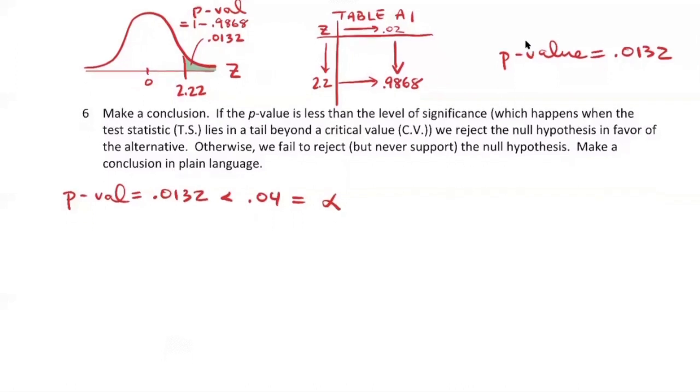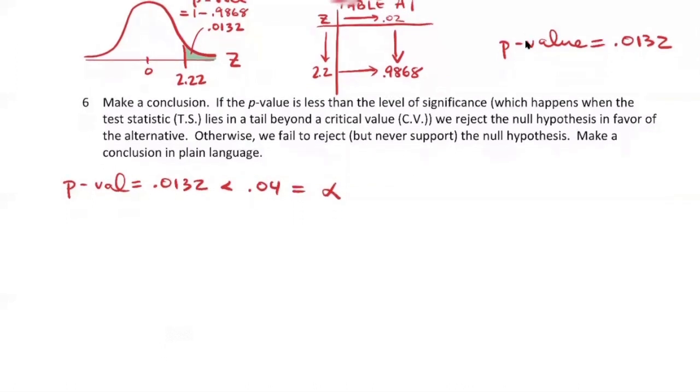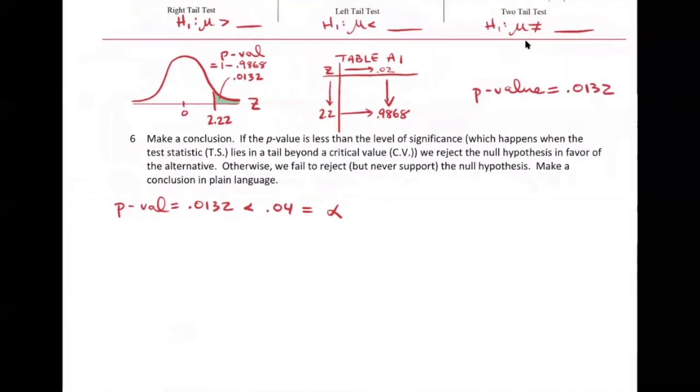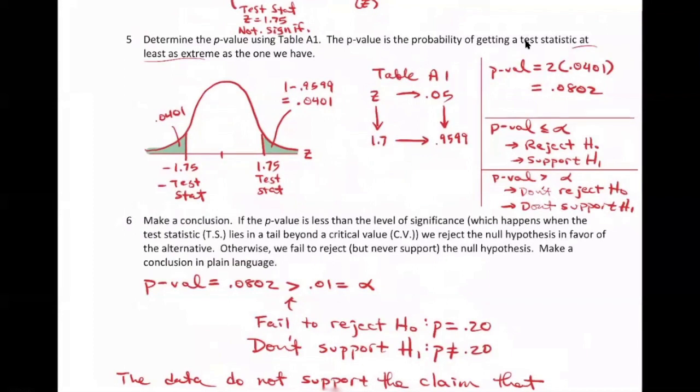Now, I have this sentence written again and again throughout all these documents. Make a conclusion. If the p-value is less than the level of significance, yada, yada, yada, we reject the null hypothesis in favor of the alternative. Otherwise, we fail to reject the null hypothesis and don't support the alternative. That's a wordy way to conclude, but maybe I would be willing to copy this down that we wrote on the last lesson.